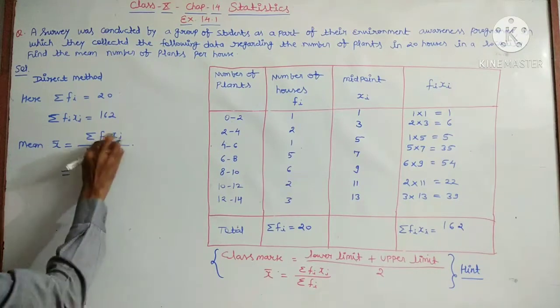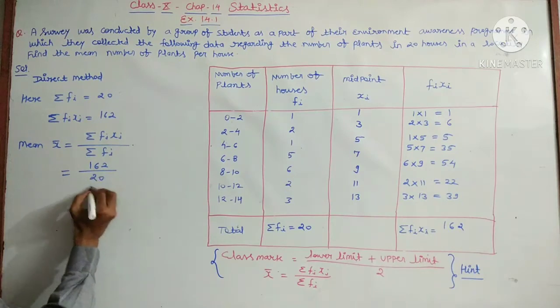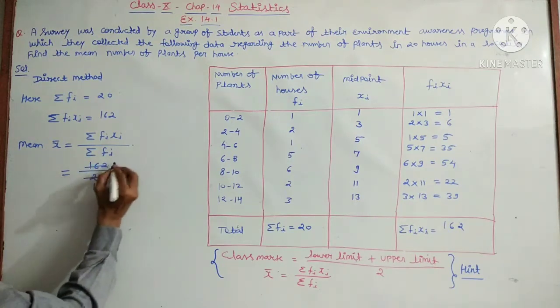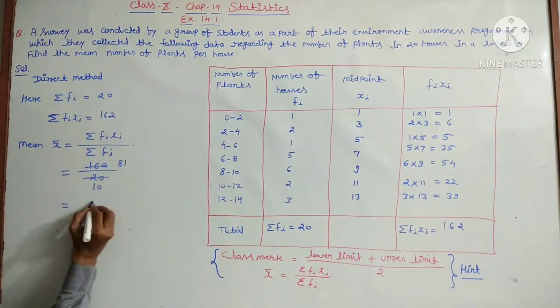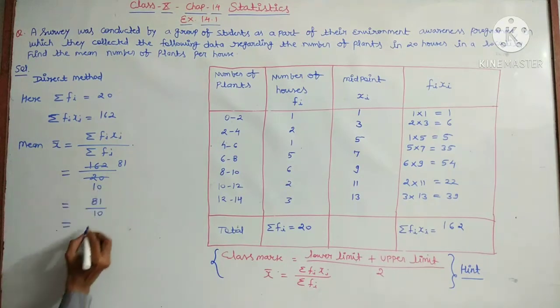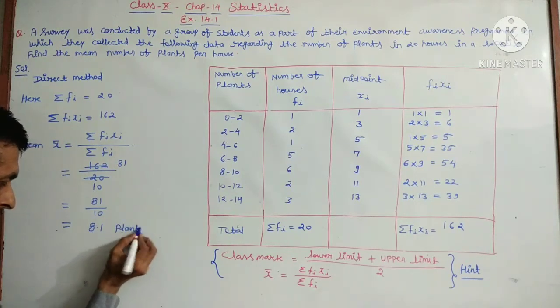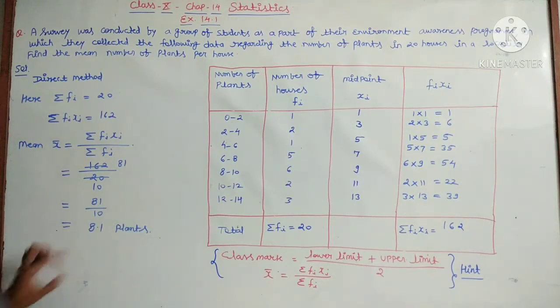The value of fi xi is 162 upon 20, divided by 2, this is 81 upon 10. So here it is 10, the decimal comes after one digit: 8.1 plants. This is your answer.